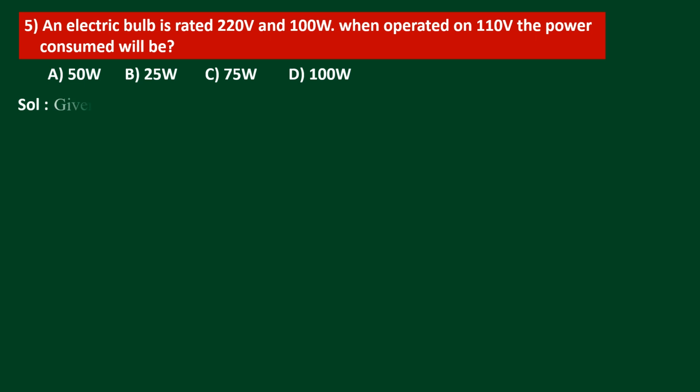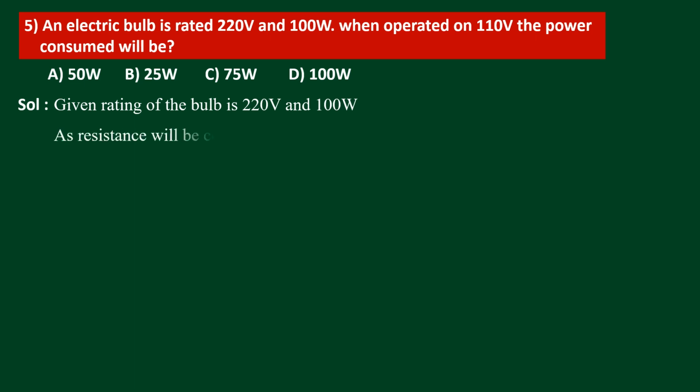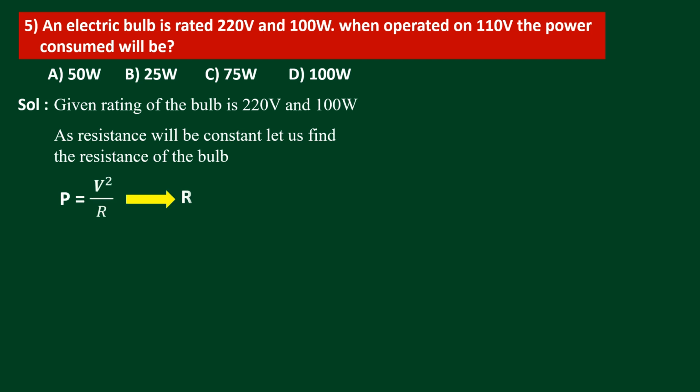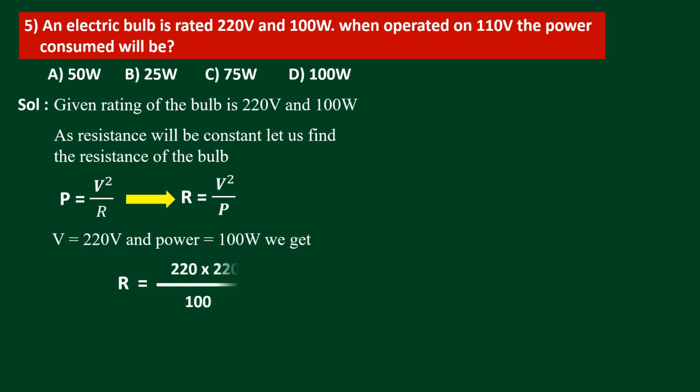Given rating of the bulb as 220 volts and 100 watts. As resistance will be constant, let us find the resistance of the bulb. And we know the formula of power as P is equal to V square by R, and this can be written as R is equal to V square by P, where V is equal to 220 volts and power is equal to 100 watts.